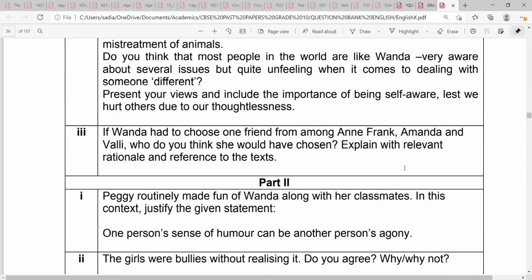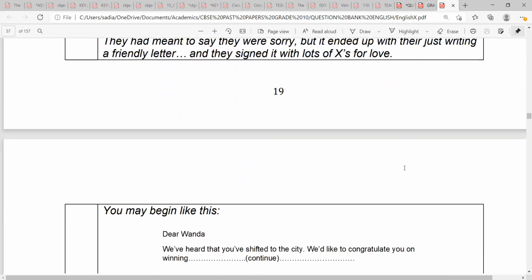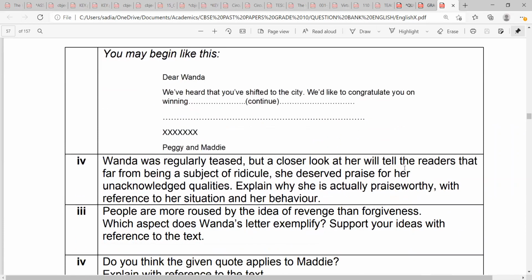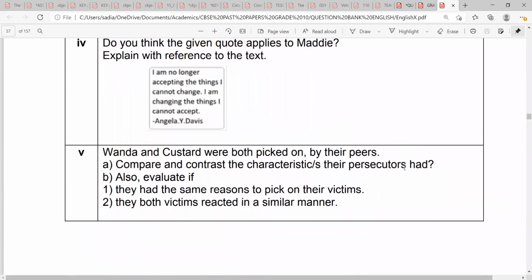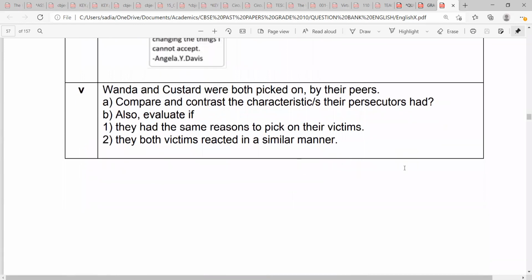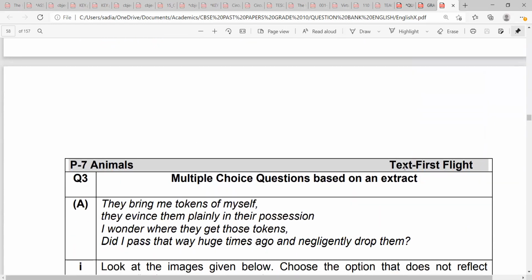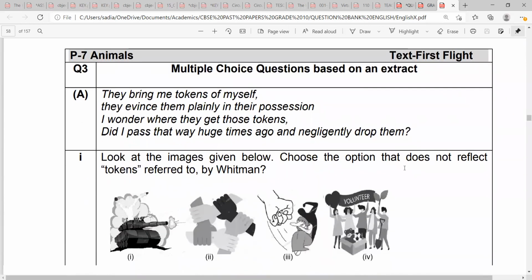These are detailed questions. Look at the sample given. Compare and contrast means compare similarities, contrast means write differences, evaluate means give your opinion. It is evident that. Next is animals in first flight.